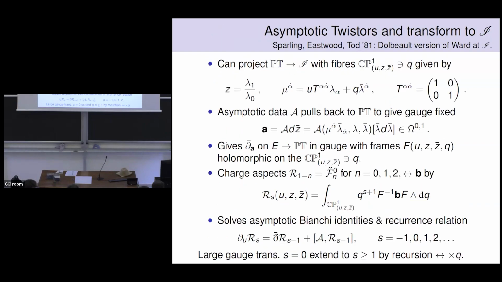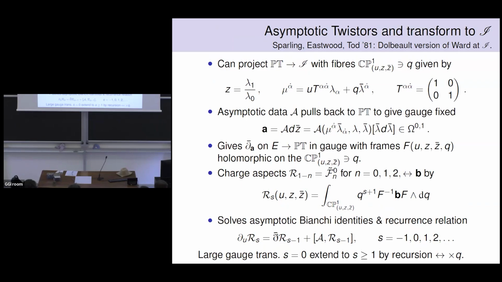Okay, so how does this relate to stuff at null infinity? Well, we can talk about the projection to null infinity, which requires some choices. We do the standard Z, which is just the ratio of the 2 lambda coordinates, and mu can project to the Bondi U coordinate here, but there are 2 components to mu, so there's also a fiber coordinate Q, which I'll leave like that.